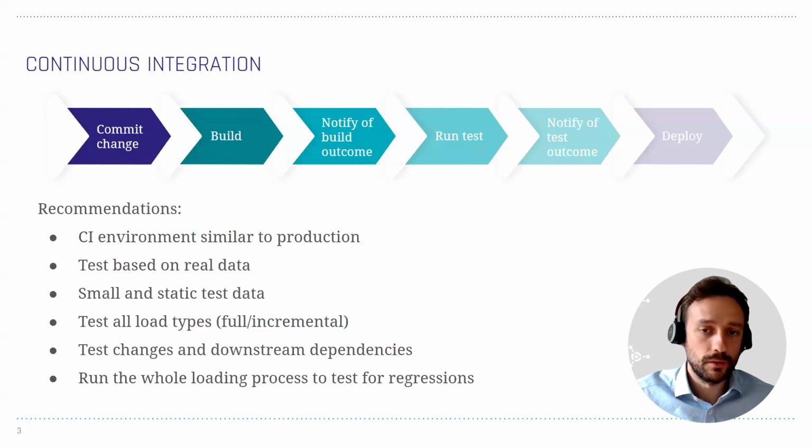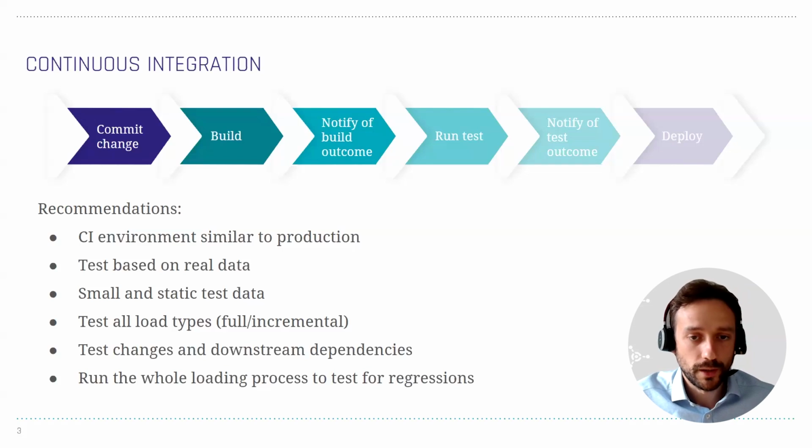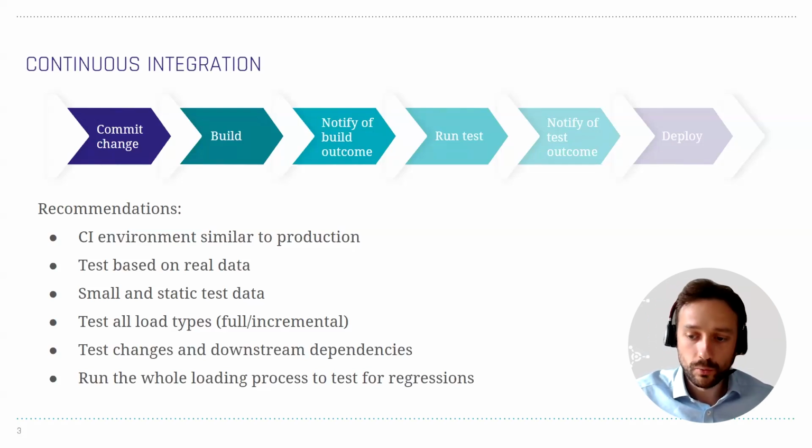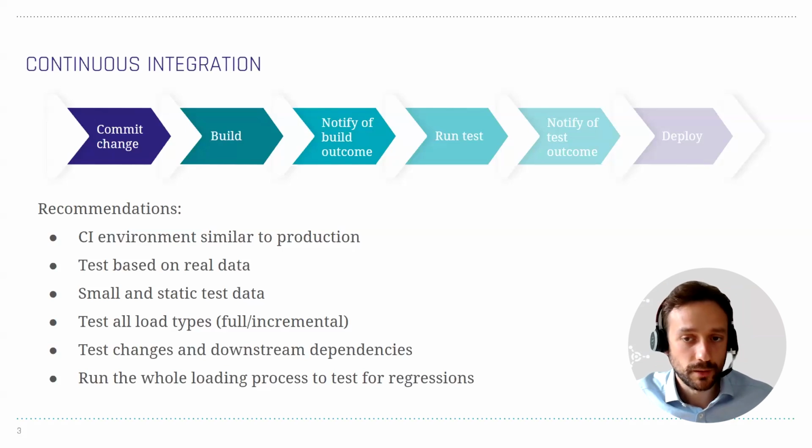Those tests should be small so that they can run quickly, otherwise the CI pipeline takes hours or even longer, right? And those tests should also be static so that the expected results are known in advance, and you can rerun those tests every time and compare the results.